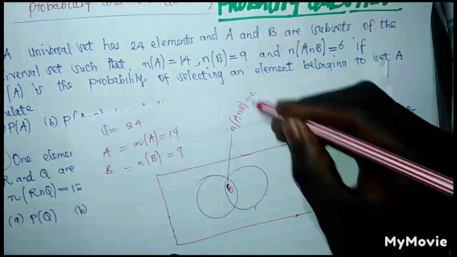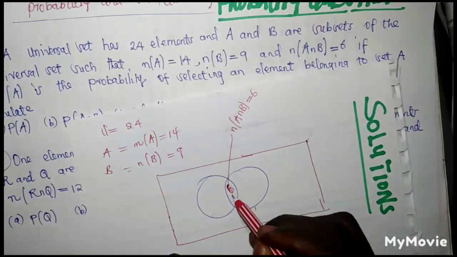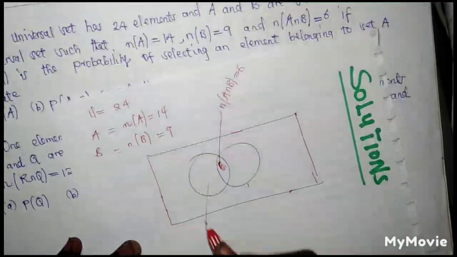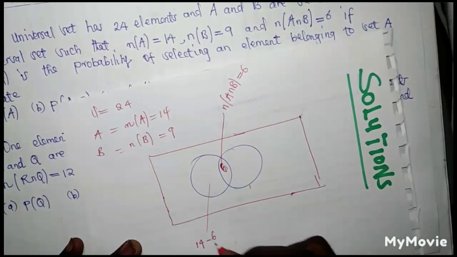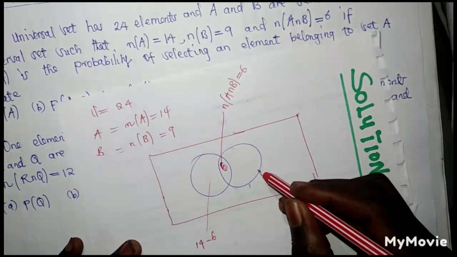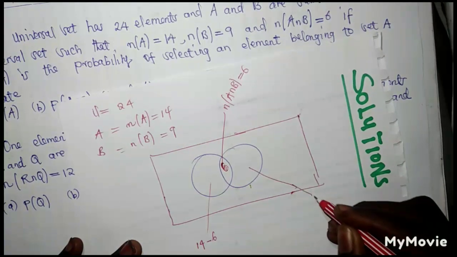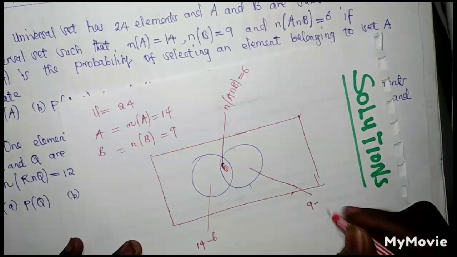The number of elements in A intersection B is equal to 6. If this is 6, then of the whole of 14, here it's 14 minus 6, so that is the number of elements in this part. Here it's 9 minus 6.